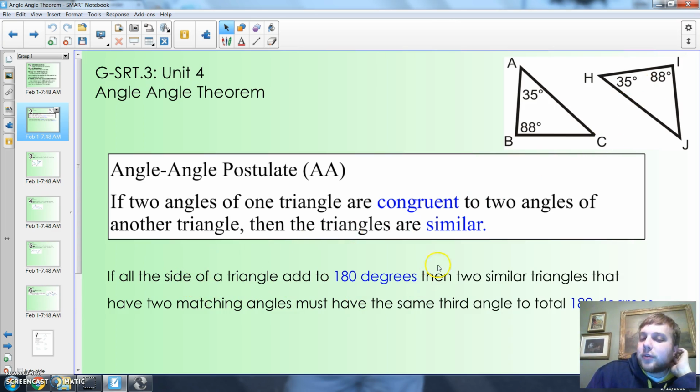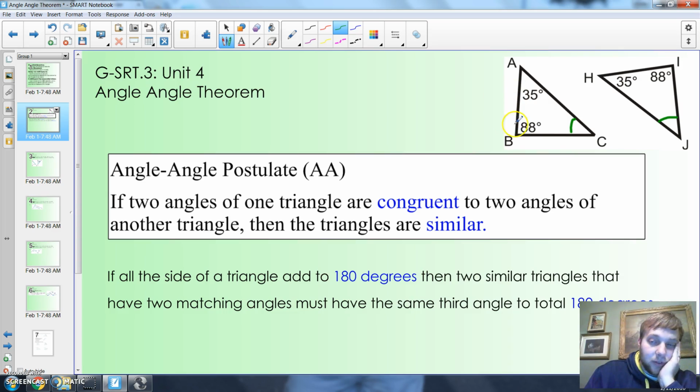If all the angles of a triangle add to 180 degrees, then obviously this baby is going to be the same as this baby because they have to add to 180. As a matter of fact, let's try and slam that out. That's what, 93, 123. So if I took these 2 and added them up, that would be 123 degrees.